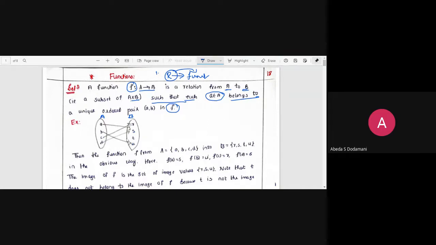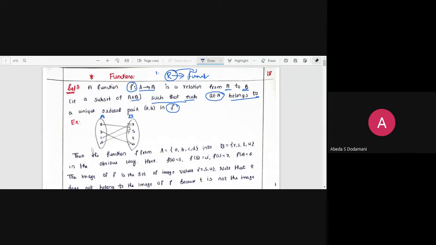Are you observing? This observation we call a function. It's a relation in fact, from the set A to B, but with a certain condition: it has to be valid for every element in the given set A. It is not that you leave some element of A and map the others. I'll show you some examples.